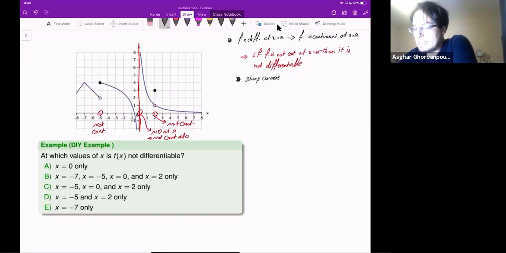If the graph of f has a sharp corner at some point, like the absolute value of x at 0, then f is not differentiable at that point.